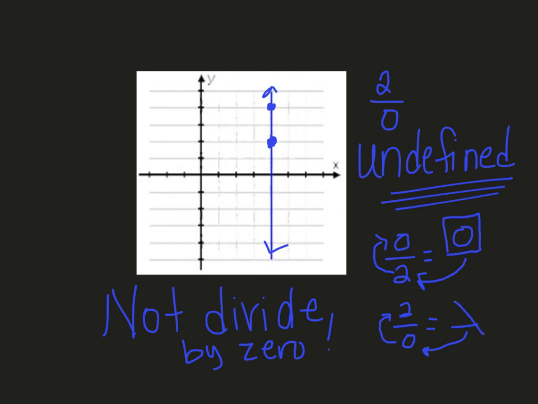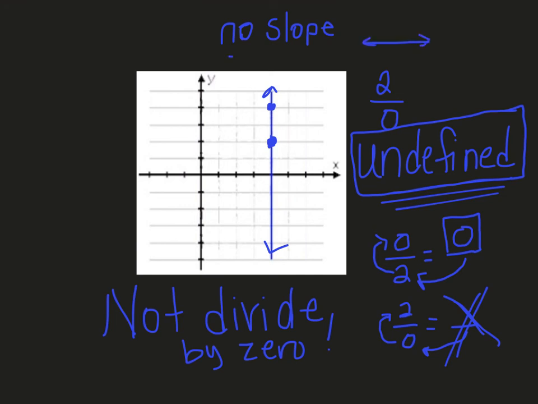So that's undefined. Now, sometimes, and in your assignment, unfortunately, instead of saying that the slope is undefined, some people will say that there is no slope, which is true. There's no slope here, but there's no slope on a straight line either.